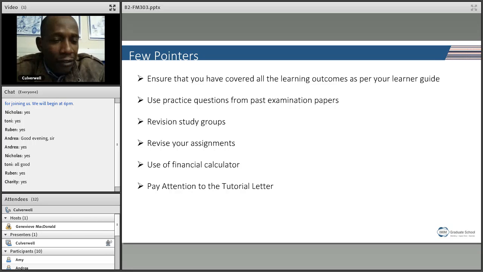I've seen few questions that were not covered in the tutorial letter, but they were learning outcomes of the modules themselves, and it's possible that that could actually happen. So let's cover all learning outcomes, and then only when you're left with a week or so before the exam, you can concentrate using the tutorial letter indications and specifications.